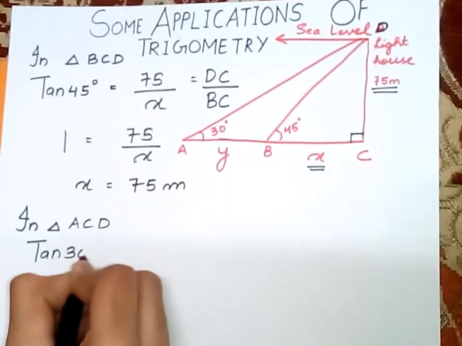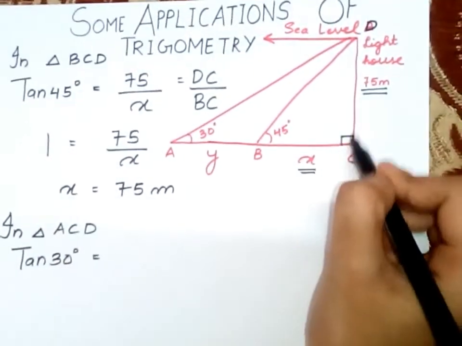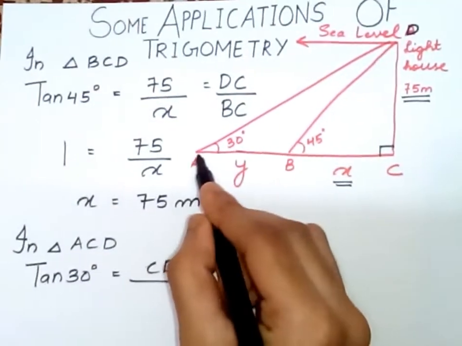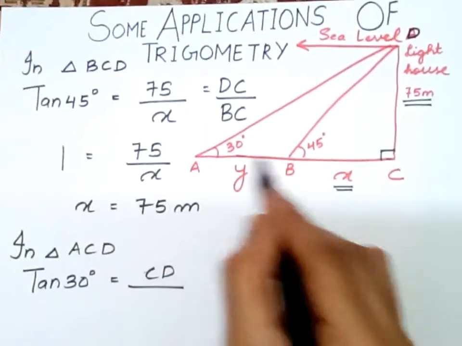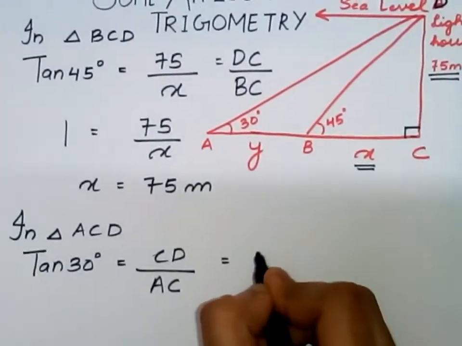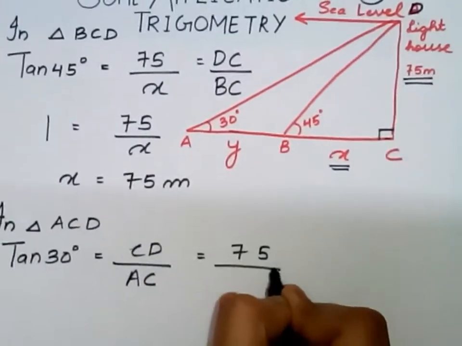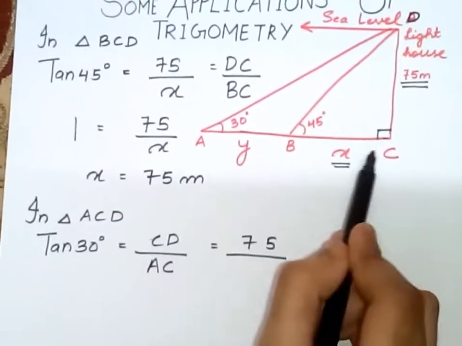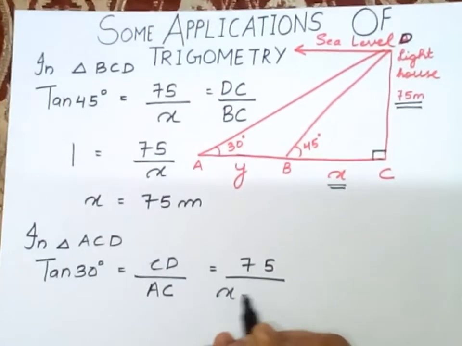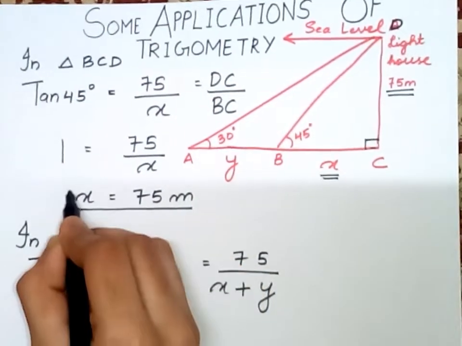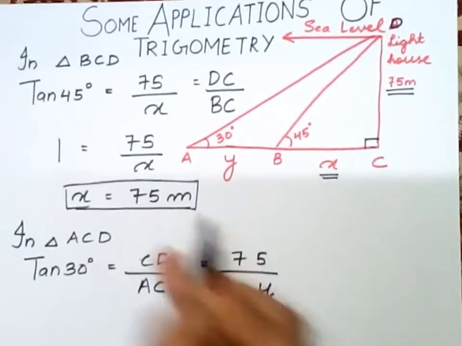tan 30 is equal to CD, opposite, by the adjacent side AC. CD is 75, AC is X plus Y. X we got here, which is 75 meter.